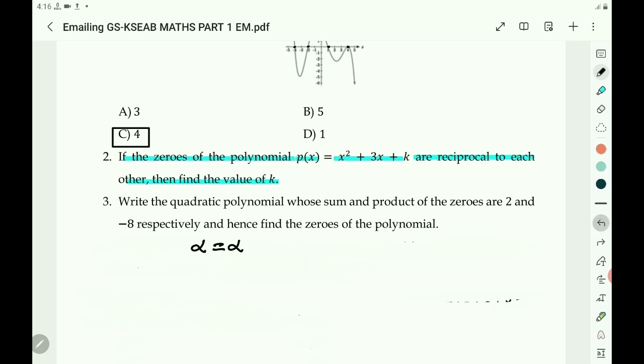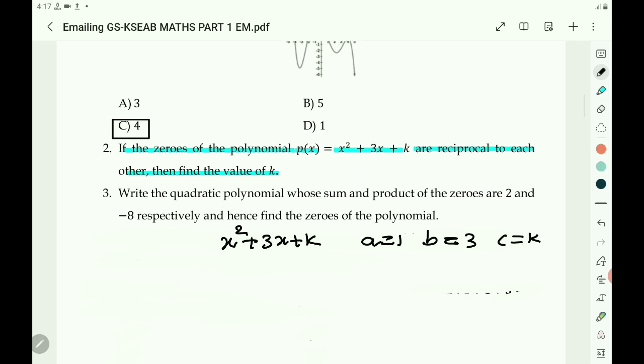So let us take the quadratic polynomial first. x square plus 3x plus k. Here a equals 1, coefficient of x square. b equals coefficient of x, that is 3, and c equals k.